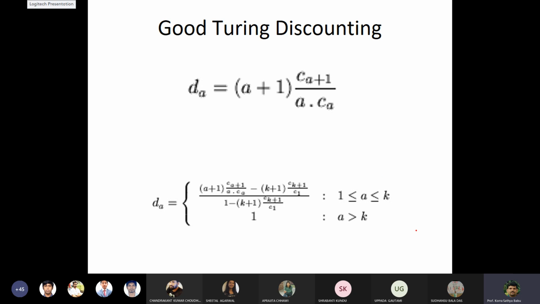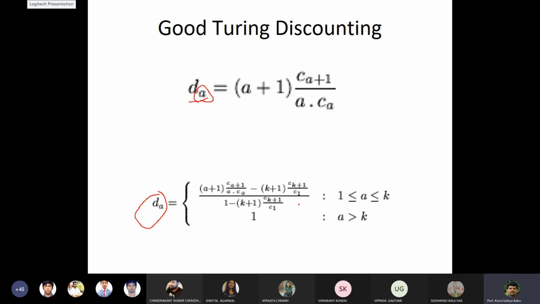If you see this, it is d_c, the discount for an event occurring c times. This can be given as d_c equal to (c plus 1) times the count of c plus 1, divided by c times the count of c. So d_c can be calculated in this way.